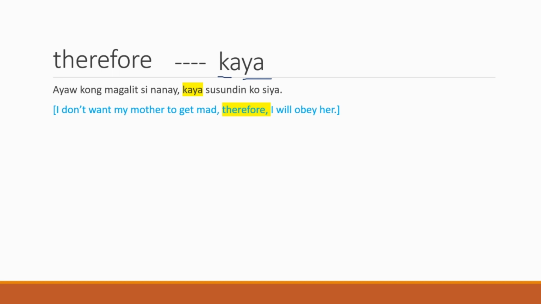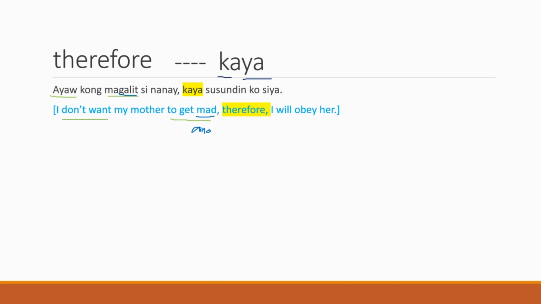So, ayaw is don't want. Magalit is to get mad. The root word of magalit is galit. And that's mad or angry.